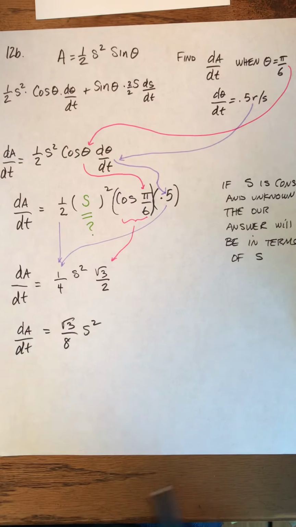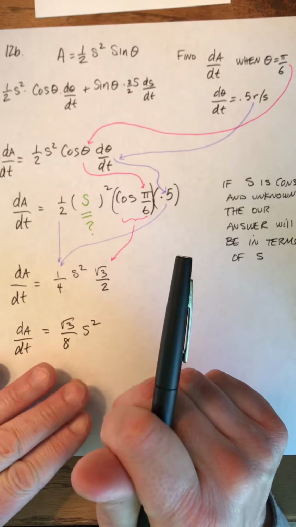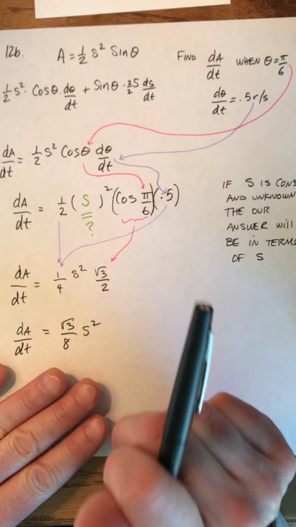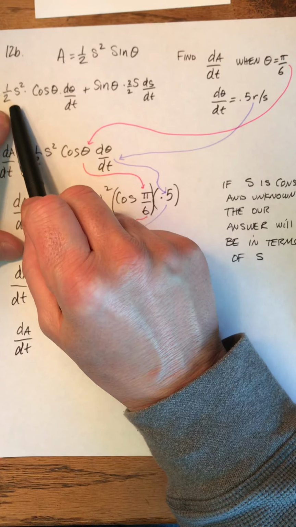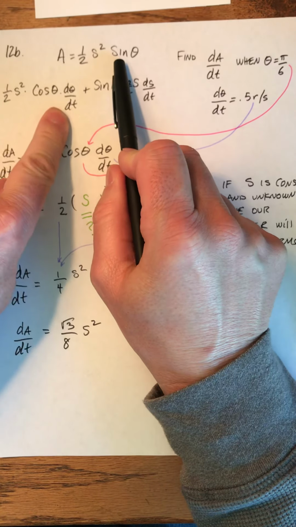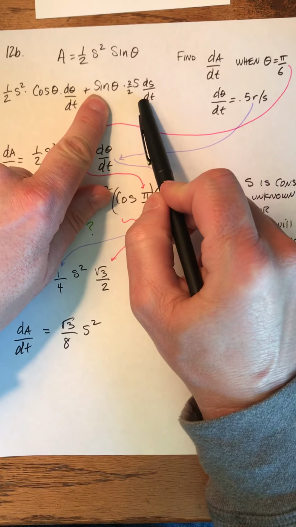Oh, so then we say to ourselves, remember I said identify which variables are constant. The S is constant. But let's pretend we forgot that for a minute and we use the product rule: first times the derivative of the second plus the second one times the derivative of the first.